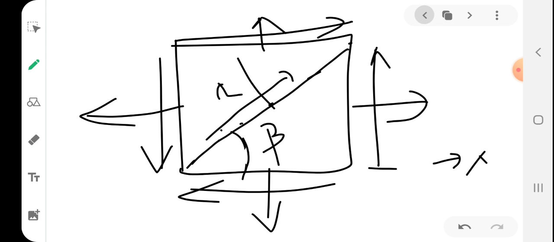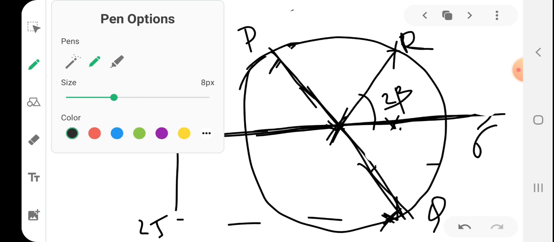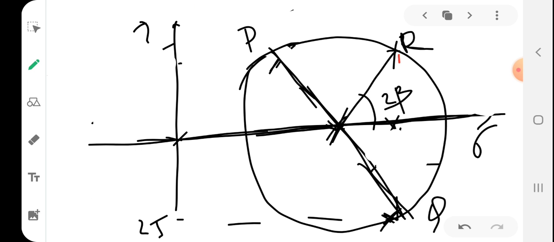Suppose this is beta. You rotate and mark a point R such that this angle is 2 beta.